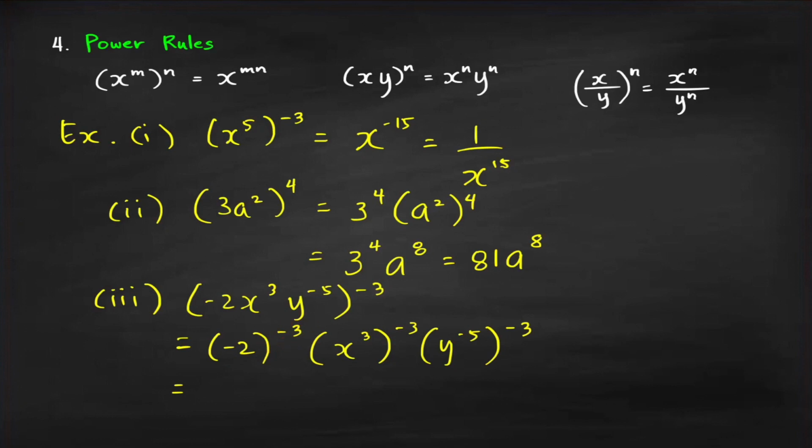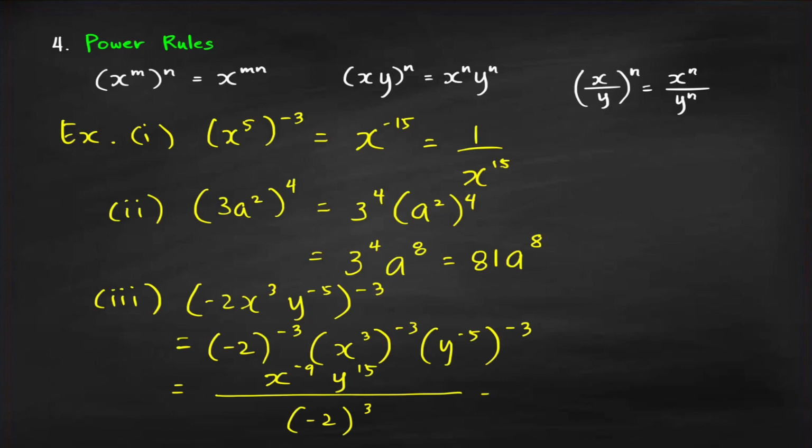So to make the power positive, we can move this factor to the denominator, and we'll get -2 raised to +3. Now, this x cubed raised to -3, using the first power rule, we'll get x raised to 3 times -3, which is -9. And then we apply the same rule for this expression, and we'll get here y raised to negative 5 times negative 3, which is equal to 15.